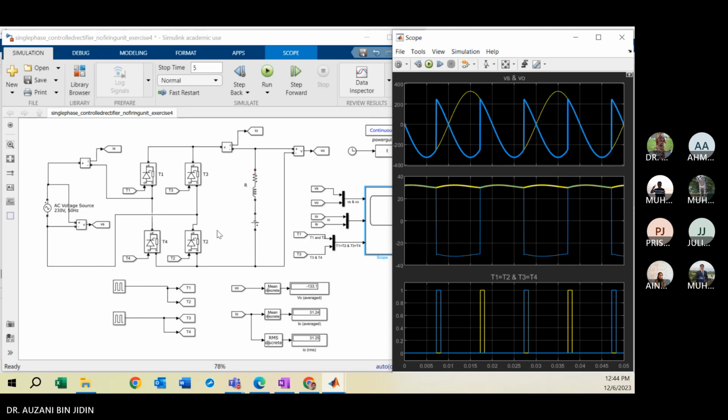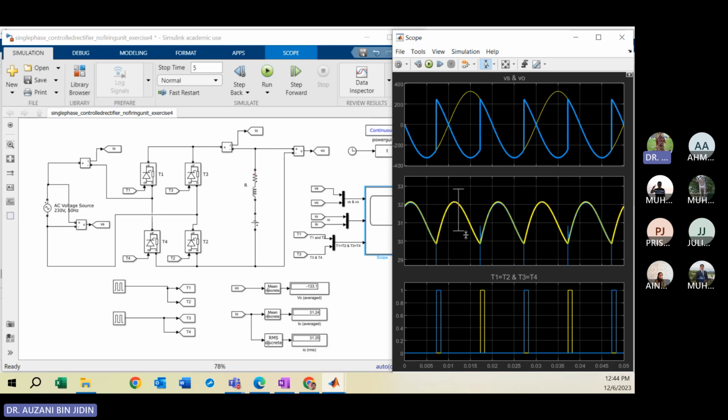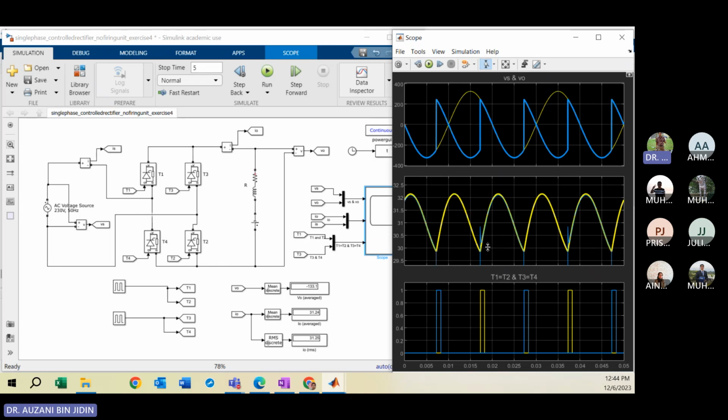Okay, in order to verify your inductor value design, you can check the current ripple, because the question requires the current ripple to be limited at 2 ampere. You magnify the result further, then you can calculate the difference between the maximum and minimum.